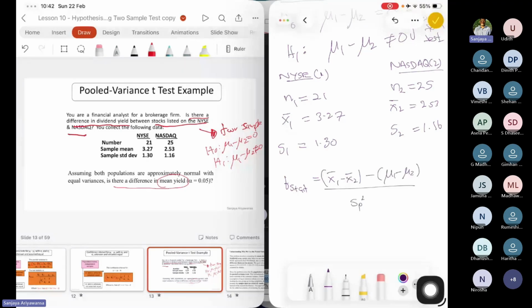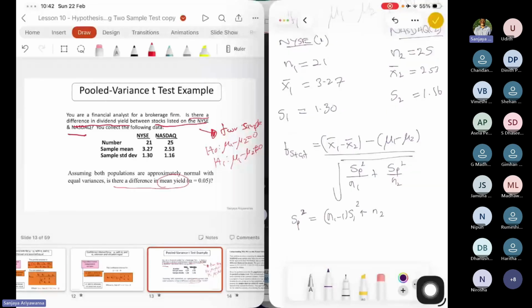Before I calculate this, I need to figure out what the sp squared value is. How do we calculate sp squared? (n1 minus 1) times s1 squared plus (n2 minus 1) times s2 squared, divided by (n1 minus 1) plus (n2 minus 1). I'm just simply writing down the equation which is given.